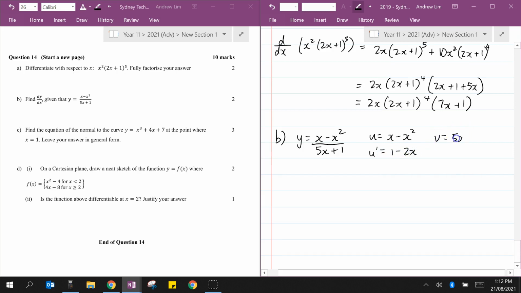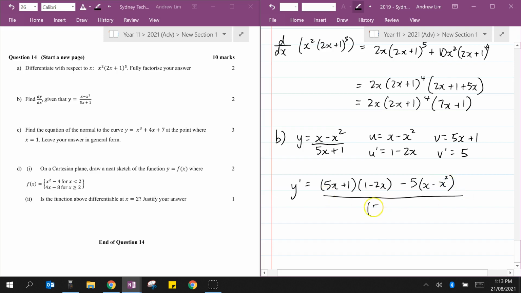V is equal to 5x plus 1, so v dash has to equal 5. So y dash is equal to vu dash minus uv dash, all over v squared.